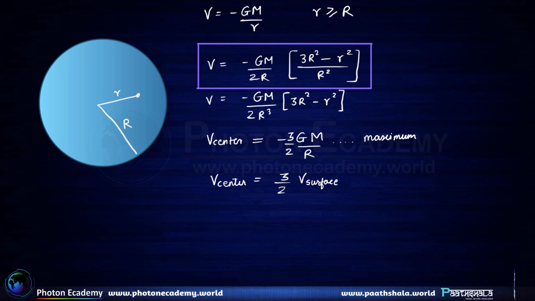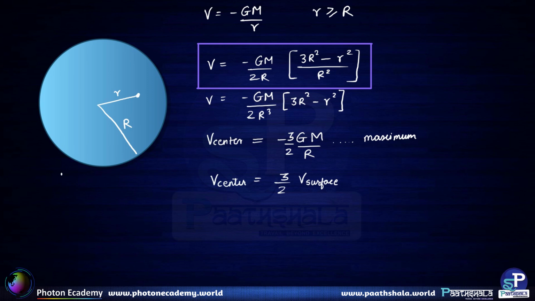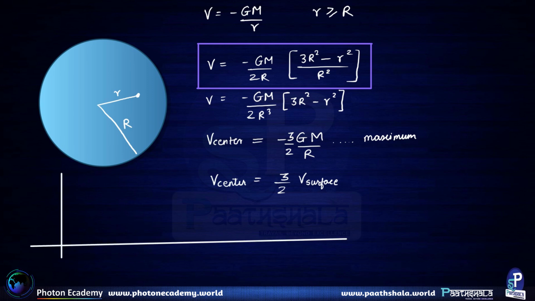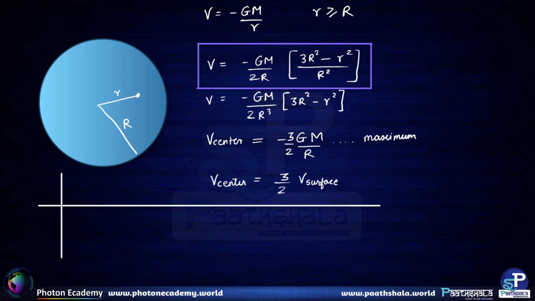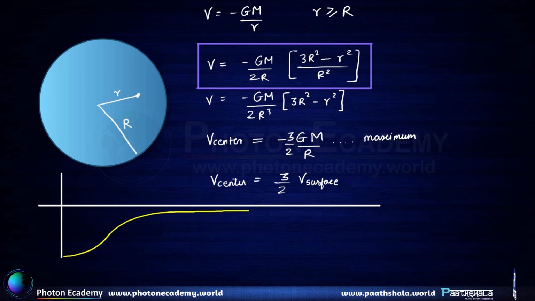Now if we were to draw the graph, then we'll have to understand that the graph would be variable, because the expression of the potential varies as r varies. So the graph would be something like this, wherein at this particular point, let us say the radius is there.